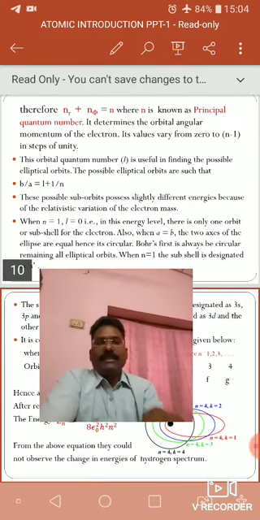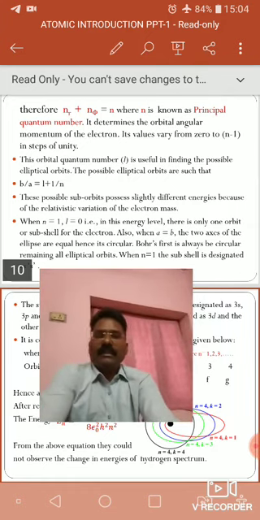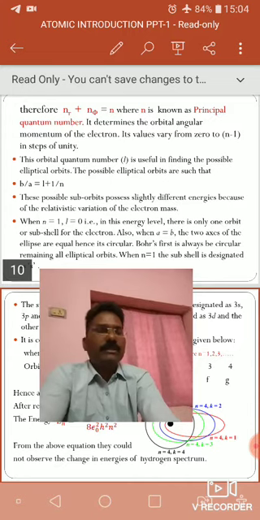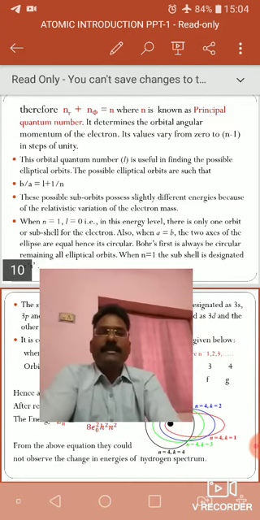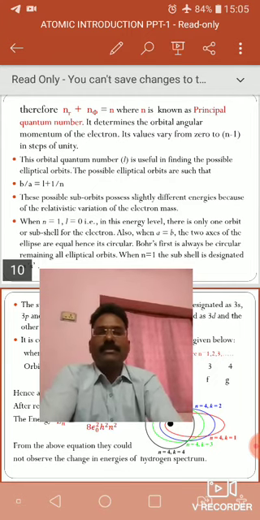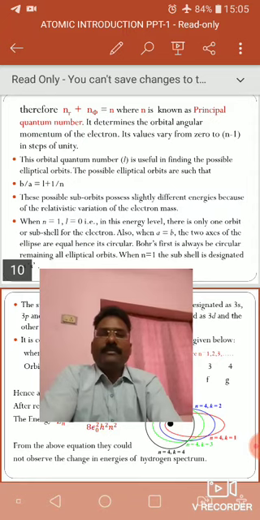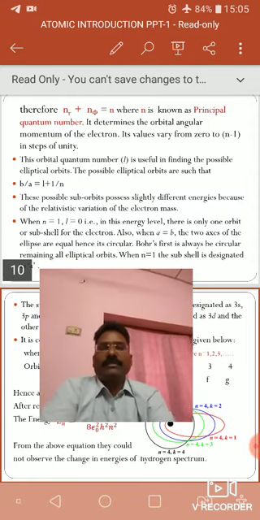Therefore, the possible elliptical orbits can be confined in two dimensions. These possible suborbits possess slightly different energies because of the relativistic variation of the electron mass.